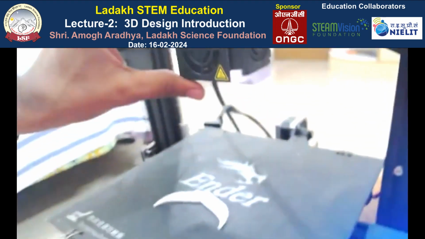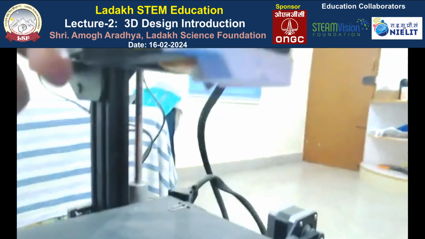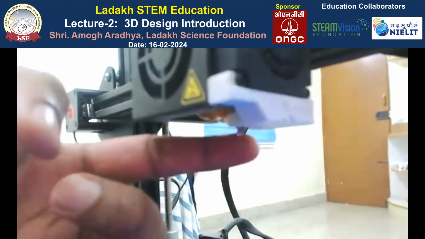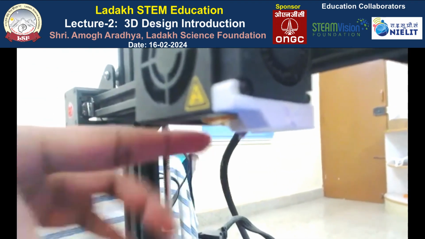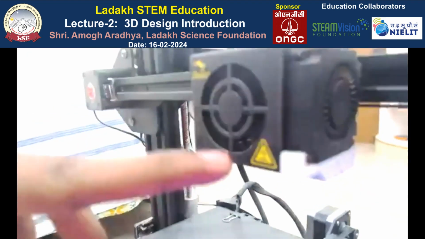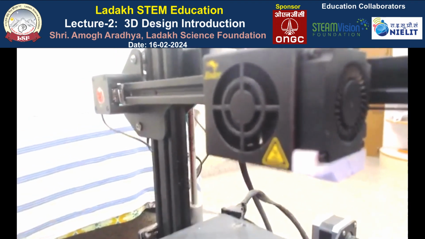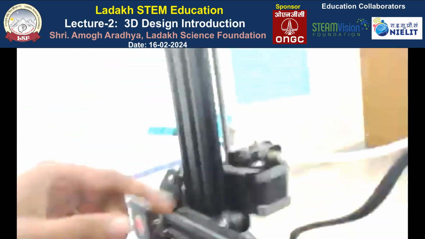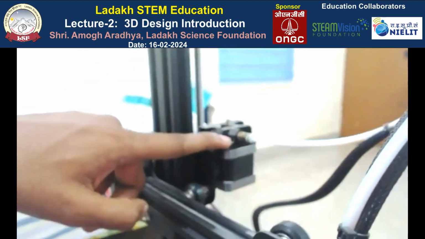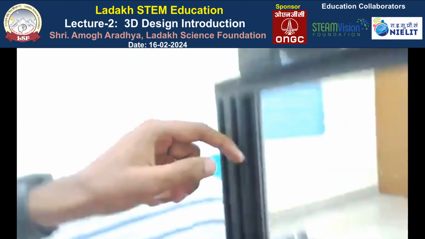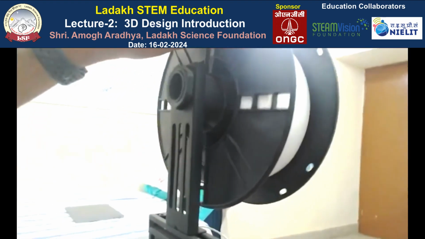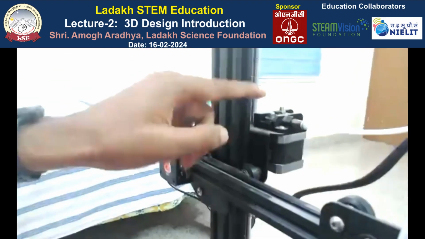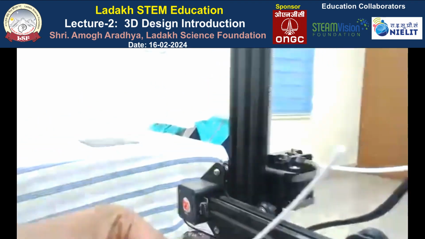So this is the nozzle. It will be very hot, so no one should touch it. And these are the fans to cool the nozzle down so that it does not overheat and become a fire hazard. And this is the extruder. This is where the plastic filament goes through the extruder, and this is how the filament looks.